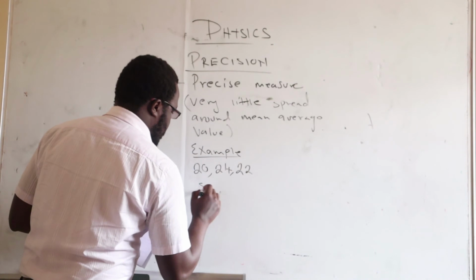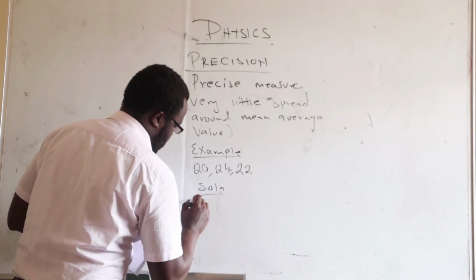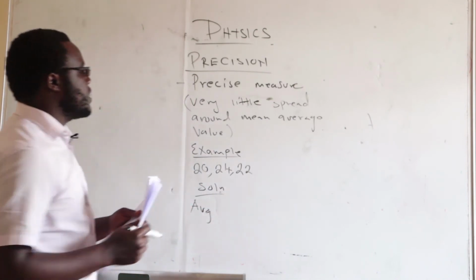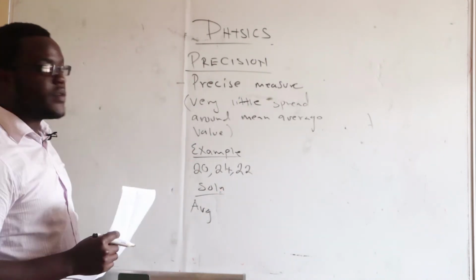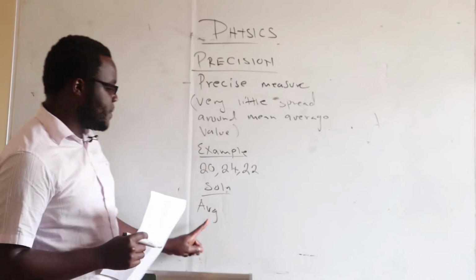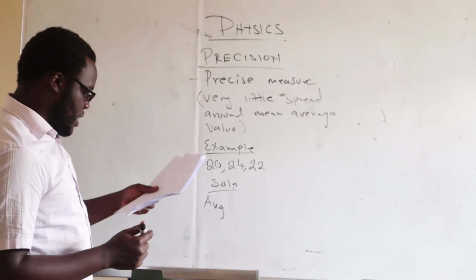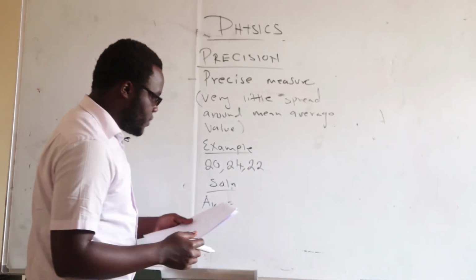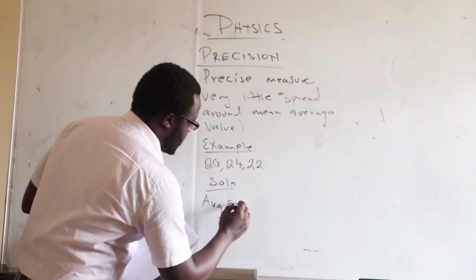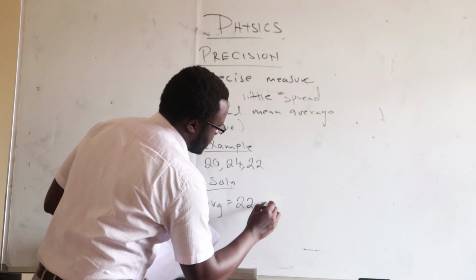We first calculate the average. We want to calculate the precise measure of this sample size, 20, 24, and 22. We first begin by calculating the average. The average of 20, 24, and 22 is 22 units.